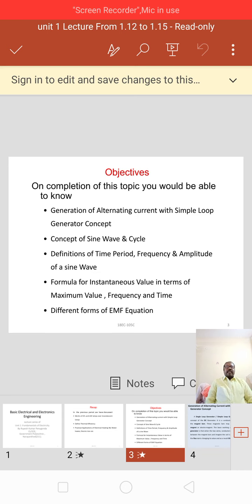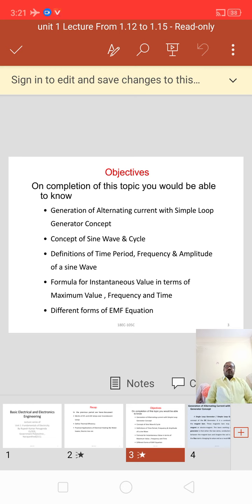Today we will learn about some of the concepts regarding the generation of alternating current with the simple loop generator concept, as well as the concept of sine wave and cycle, definitions of time period, frequency, amplitude of sine wave, and the formula for instantaneous value in terms of maximum value, frequency and time, and different forms of EMF equations also.